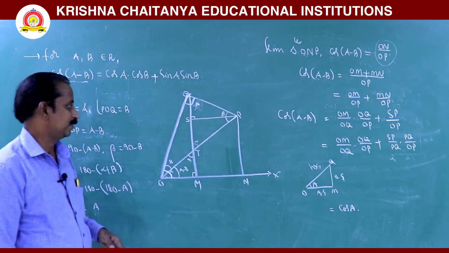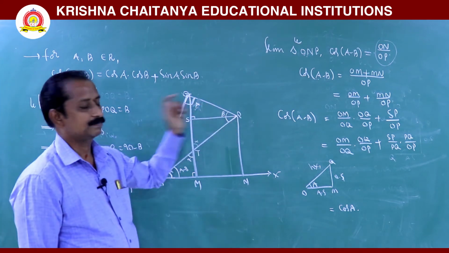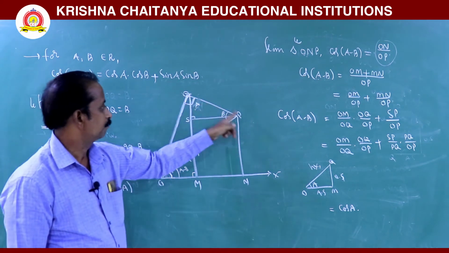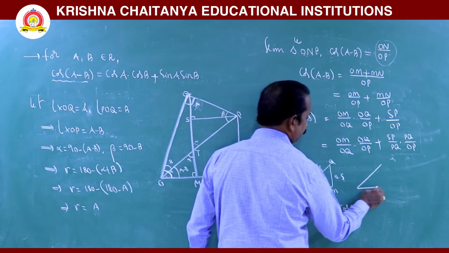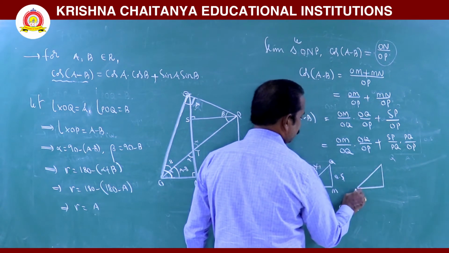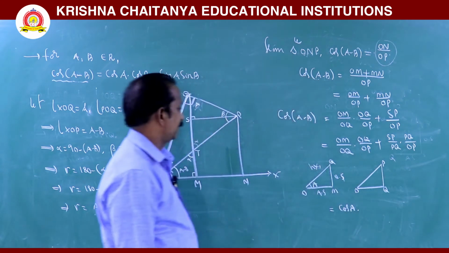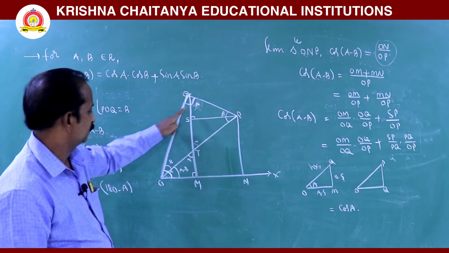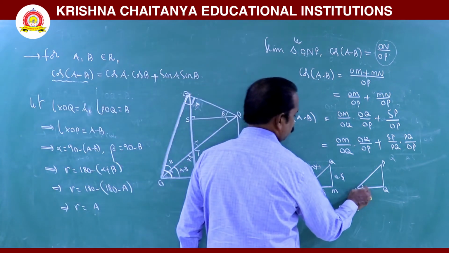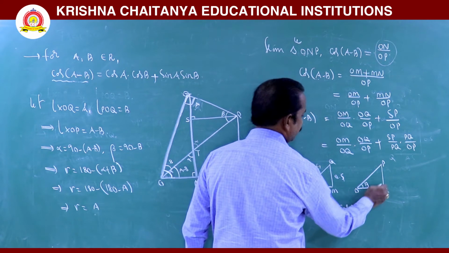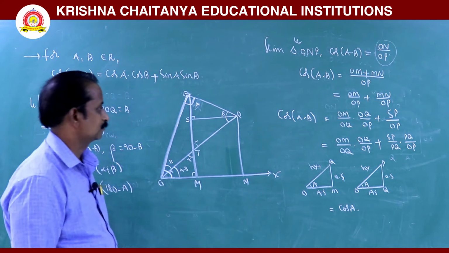Where is OQ? Where is OP? From triangle OQP. So consider the triangle OQP. This is O, this is Q, this is P. Right angle at Q. At O, the measuring angle should be B. So this is the adjacent side, this is the opposite side, and this is the hypotenuse.